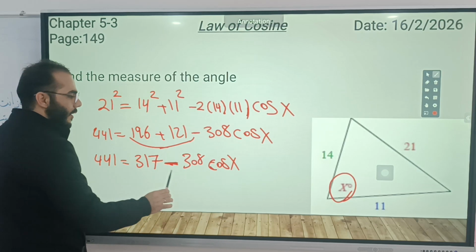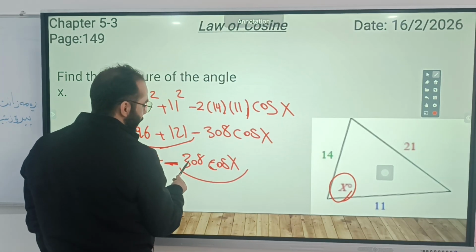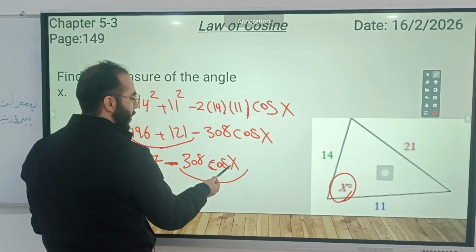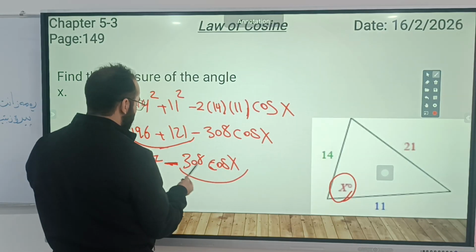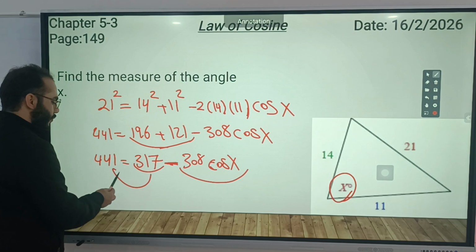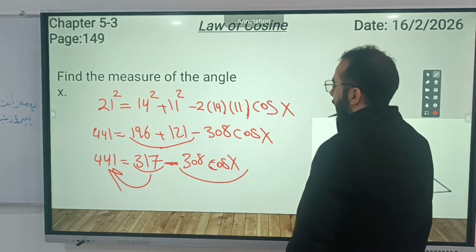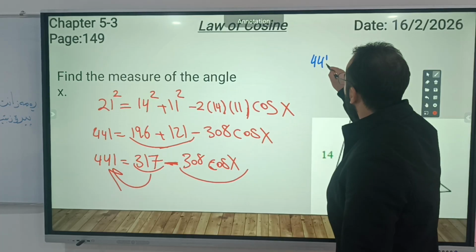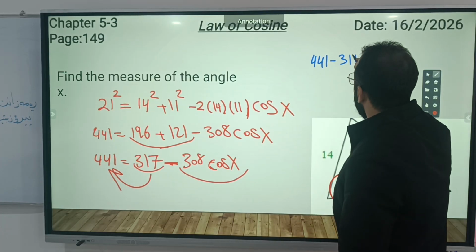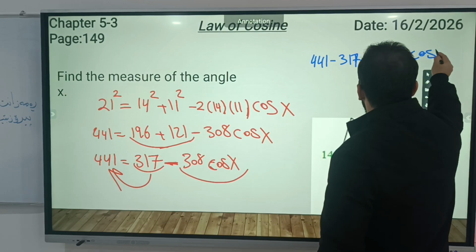No, you cannot do it like this, because 308 is a coefficient of cosine x. So we cannot operate it with a constant number. Therefore, we need to move this 317 to the other side. In that case, we are going to have 441 minus 317 equals negative 308 cosine x.